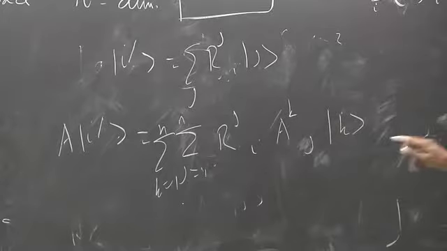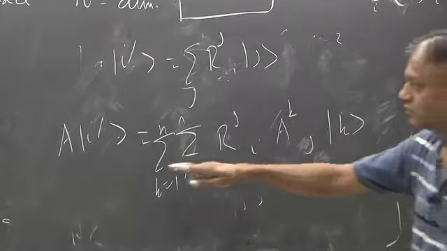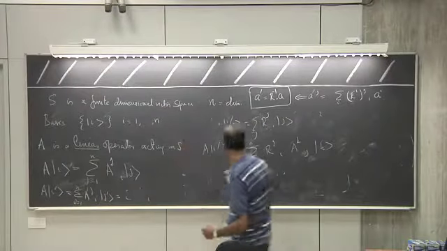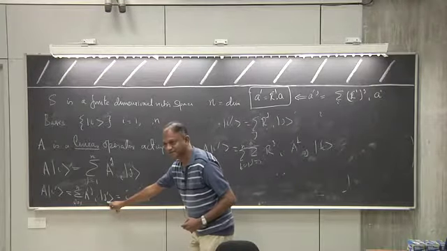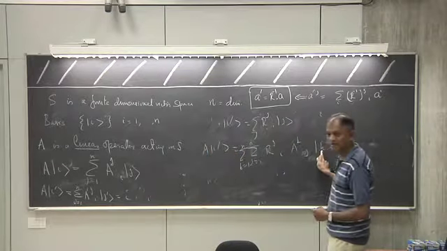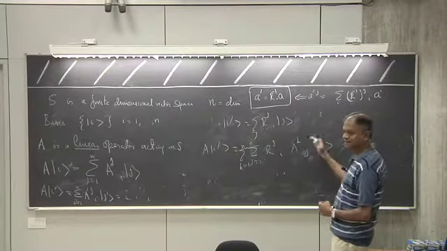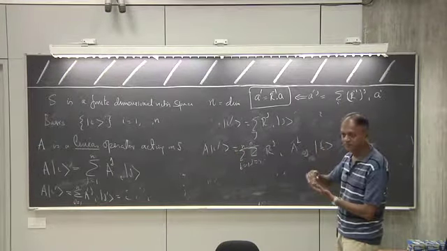Right? But now if I want to compare this with whatever appears here, you see I need to expand in the same new basis, whereas here this is in the old basis. But I know how the old basis is related to the new basis by R inverse.